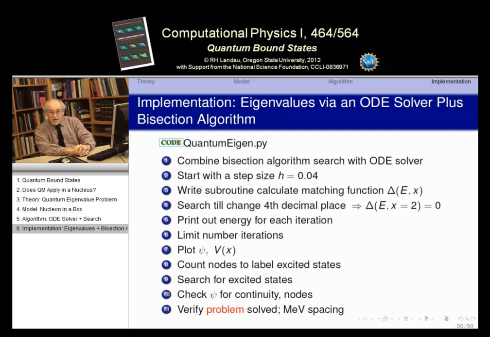For these values, are you getting energy levels in millions of electron volts? If you are, aha, then you're saying quantum mechanics does apply to neutrons and protons within the nucleus. Change the value of the mass, which is just one constant here, to an electron mass. In other words, make the mass 1/2000th as big as it was.